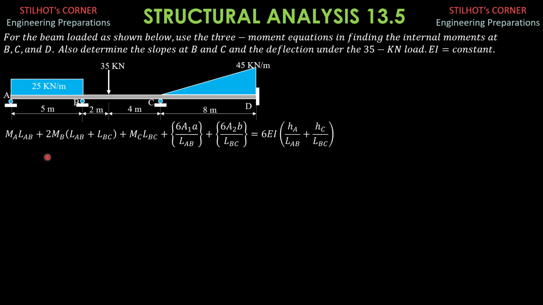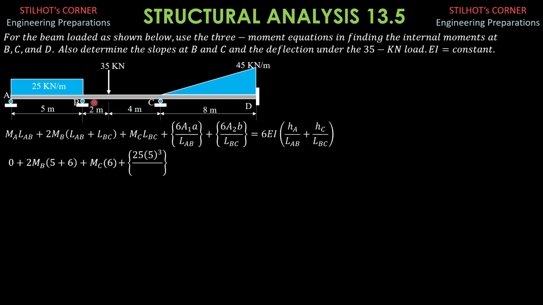So this is 0 plus 2 times MB, LAB is 5, LBC is 6, plus MC times 6. The value of 6A1A over LAB for this uniform load on span AB is WL cubed over 4, so 25 times 5 cubed over 4.